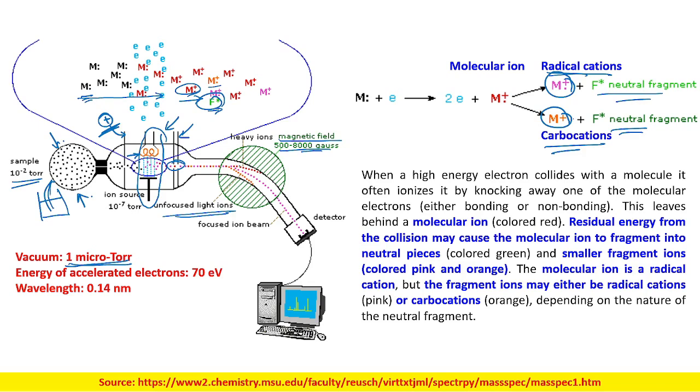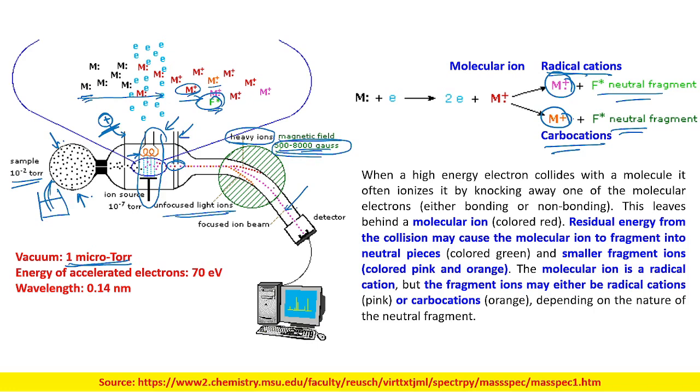Now if there are heavy ions, you see there is a variable magnetic field, 500 to 8000 Gauss. When you have a specific magnetic field B, it allows some molecules to pass through.